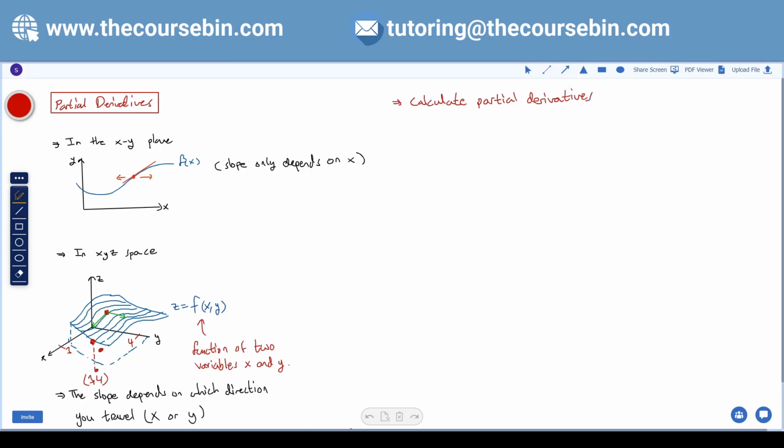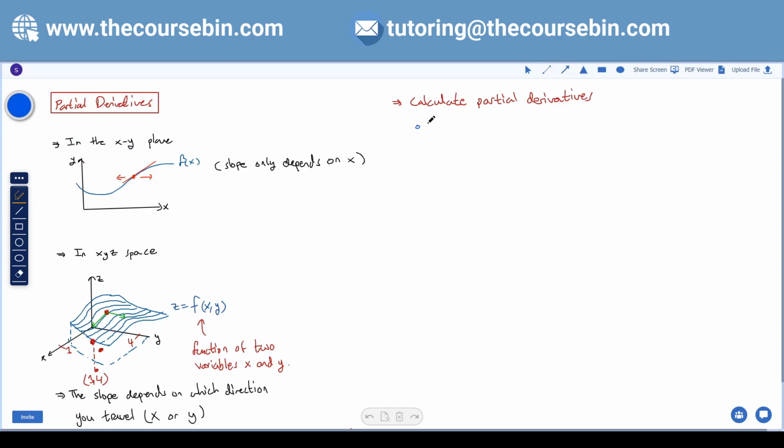So the rule is that when you're taking the partial derivative of a function, you hold all other variables constant, and you take the derivative with respect to one of the variables.